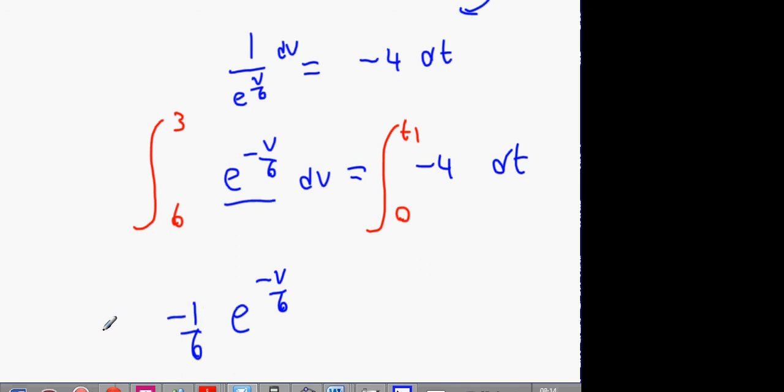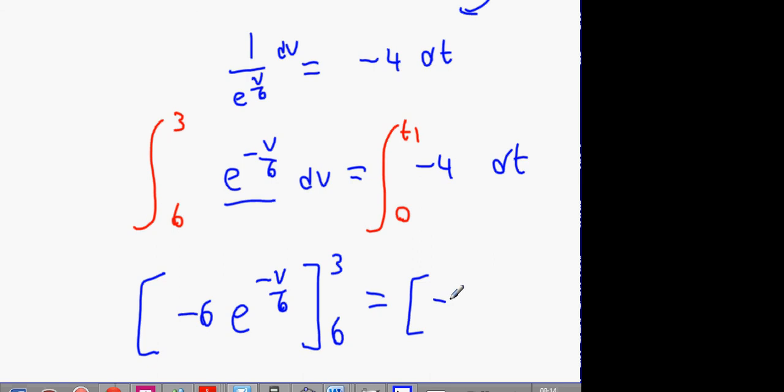So to prevent that, you're going to have to multiply it by minus 6. So it's going to be minus 6 e to the minus v over 6, in brackets, still from 3 to 6. And then on the right hand side, we're going to have minus 4t, from t1 to 0.